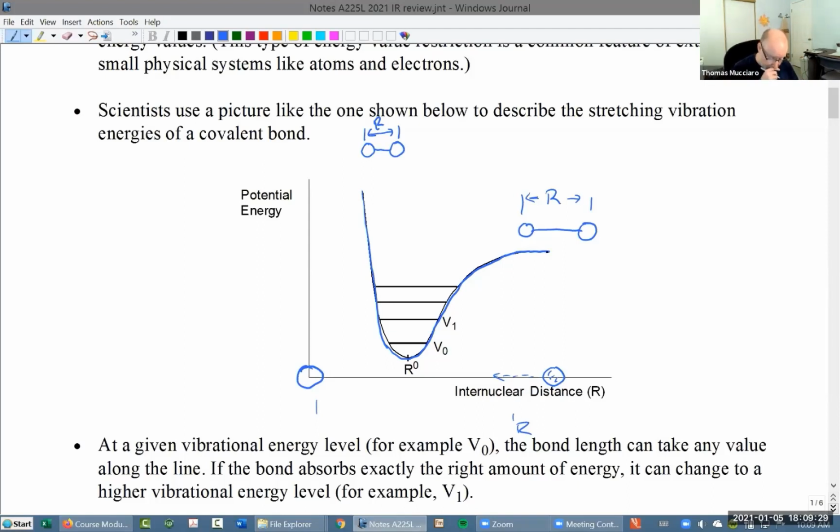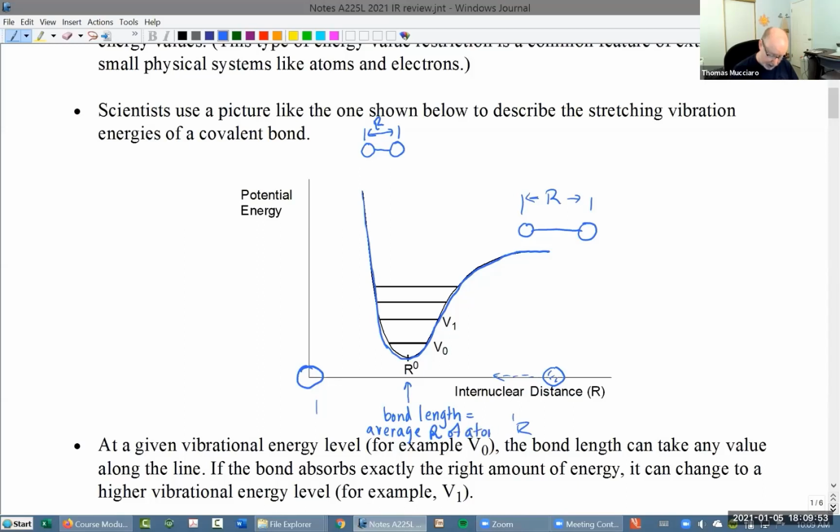Okay, so here's the deal. When we look at a normal bond, it has what we call a bond length. And the bond length is actually the average R of the atoms.